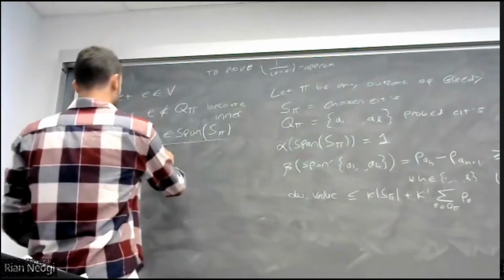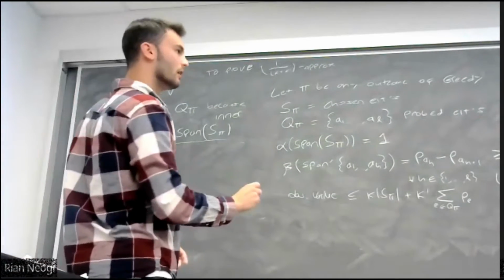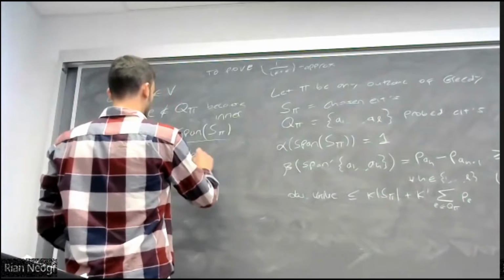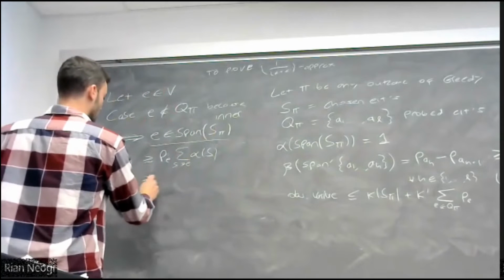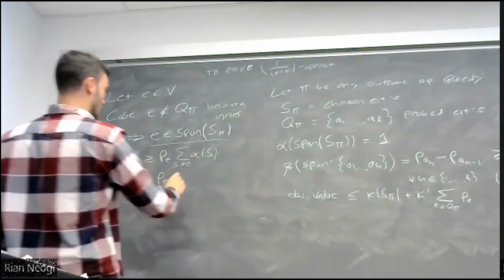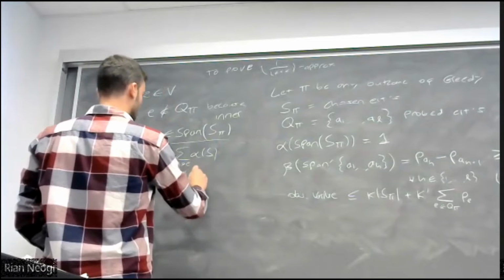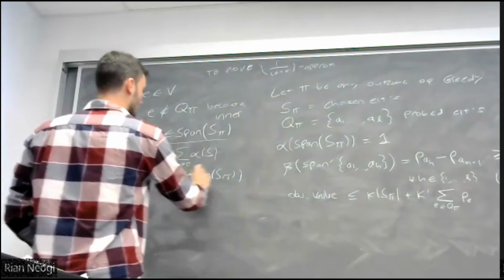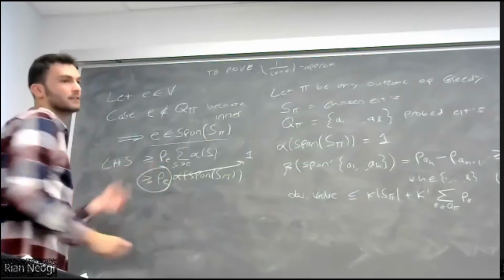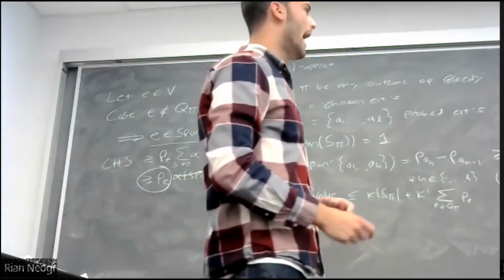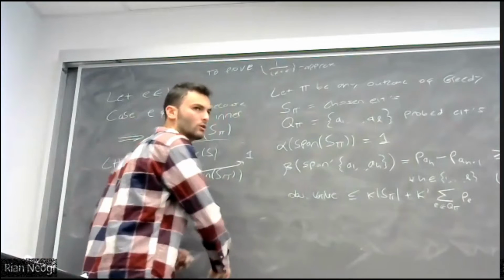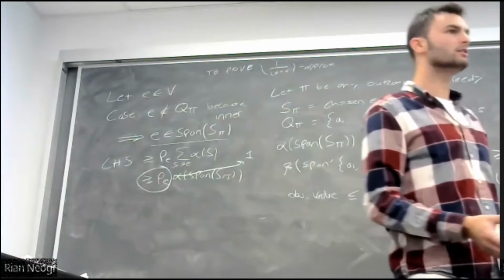So the left-hand side would be at least PE times the sum over all sets containing E of alpha of S, but we have this one, so PE is at least PE times alpha of the span of S pi, which we set to 1. So we again get our feasibility in this case, and that completes the proof of feasibility. Any final questions about this part?